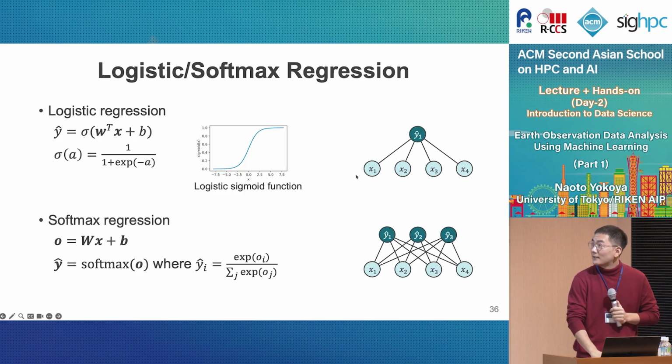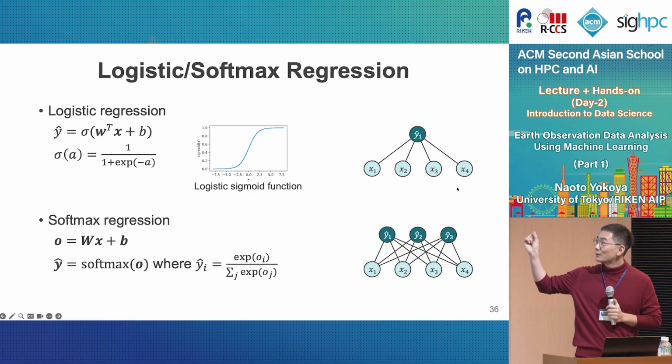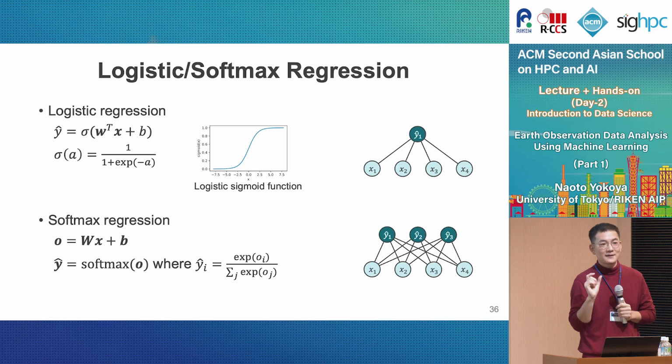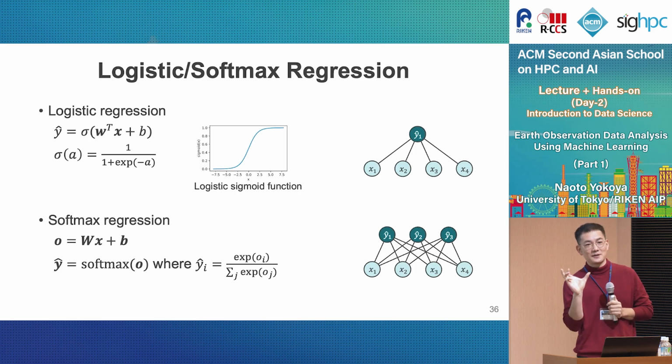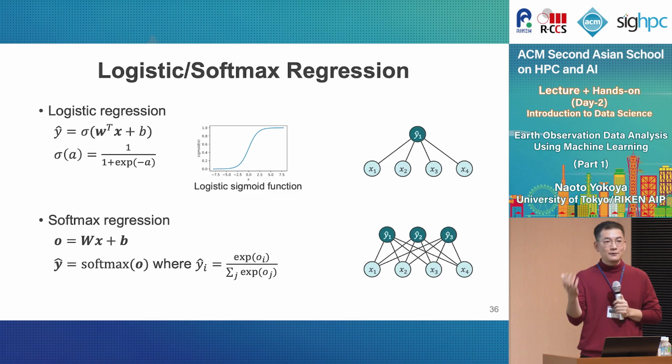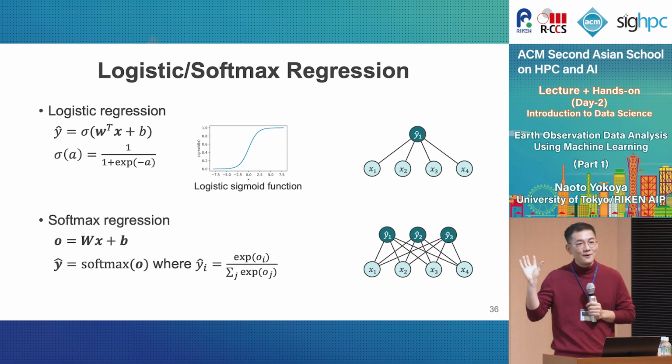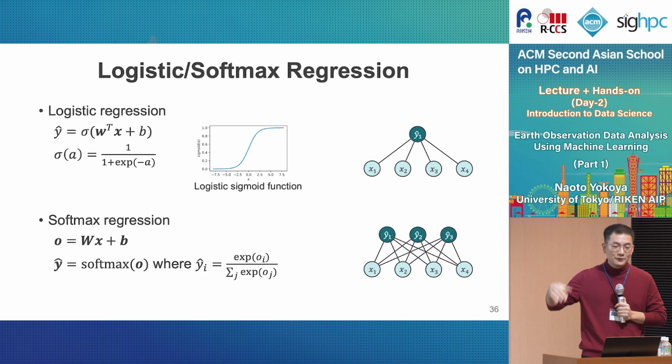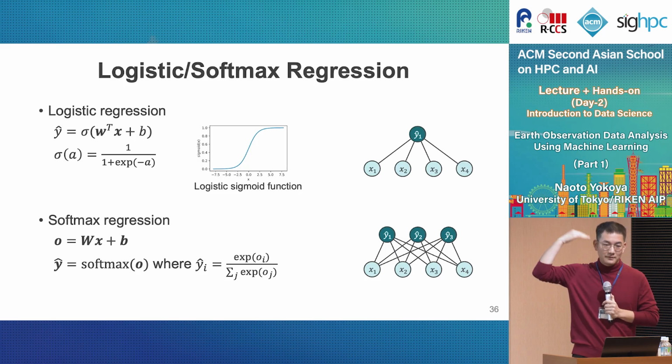In this illustration, this is the input. For simplicity, the input has only 4 dimensions. In your case, maybe it's hundreds or thousands or millions of dimensions. But just for simplicity, please consider there are only 4 elements, okay? And the output is only one unit.